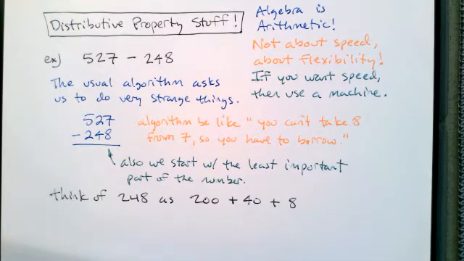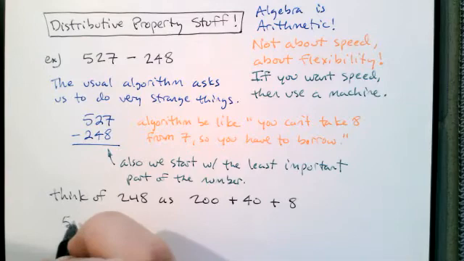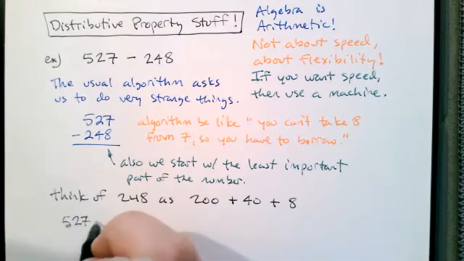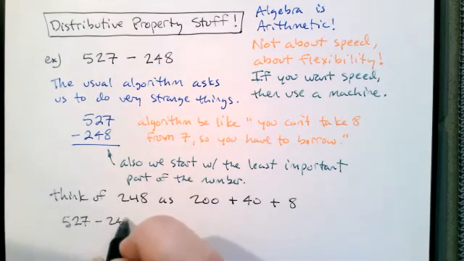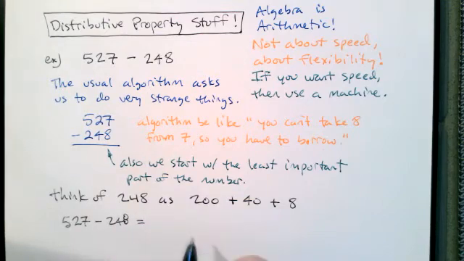So then, if we think of it in place values, we get numbers that are really easy to subtract, because I just have to worry about the 2. I just have to worry about the 4. I just have to worry about the 8. So if I want to do 527 minus 248, I'm going to think of the 248.